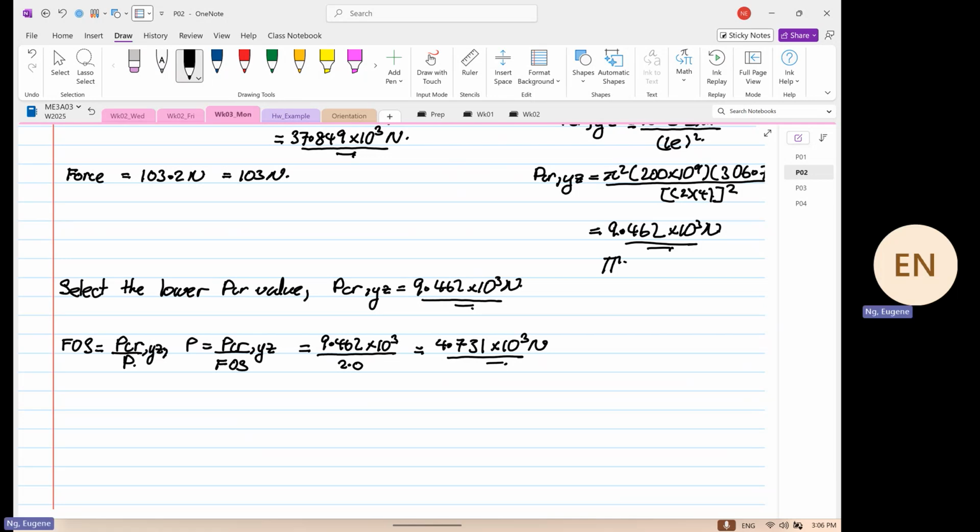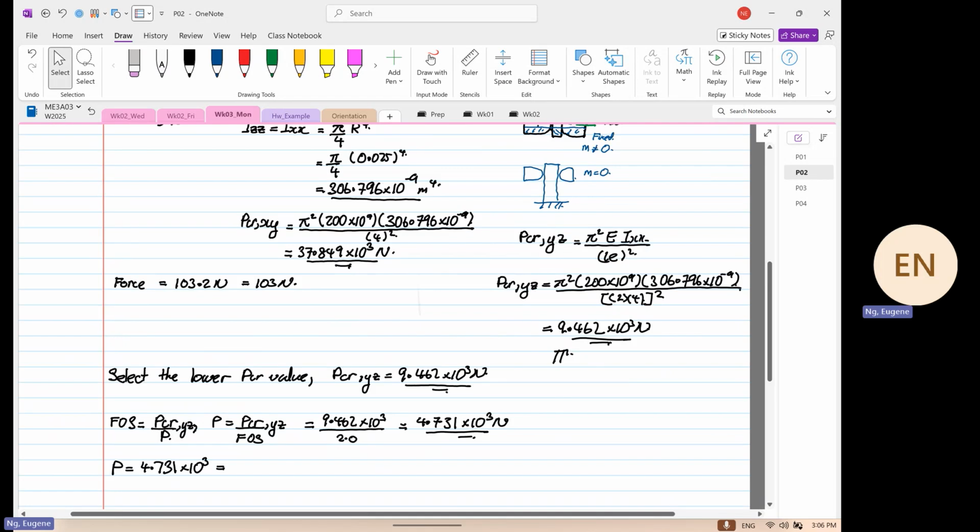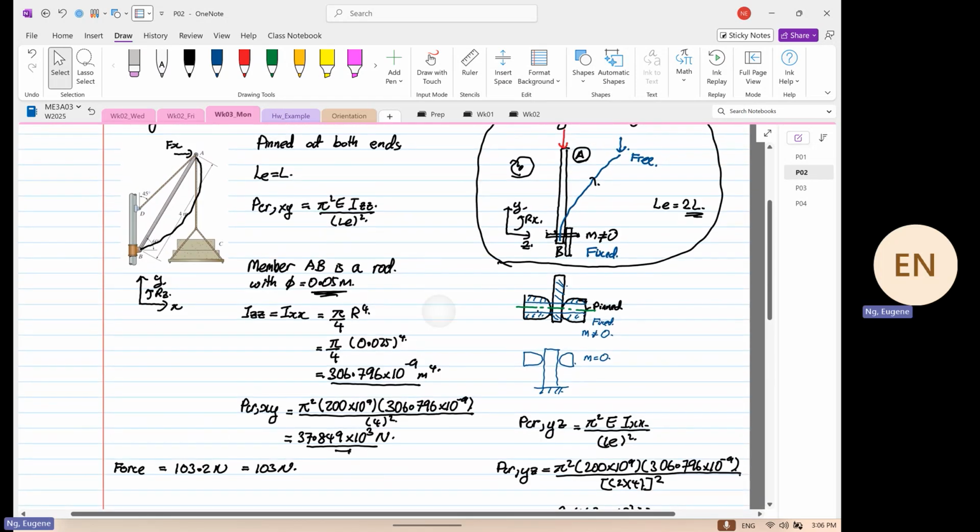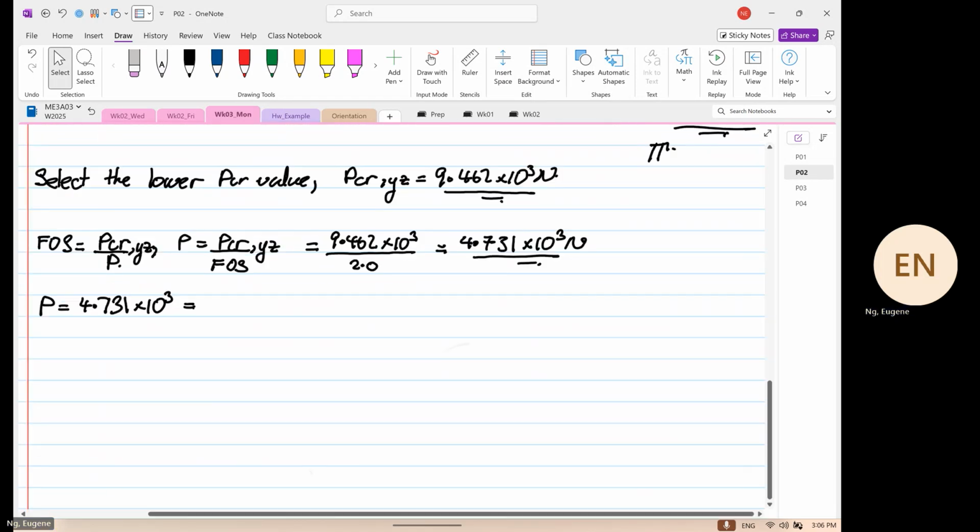So this value that we are given, P, is equal to 4.731 times 10 to the power 3. This, in fact, is our FAB.